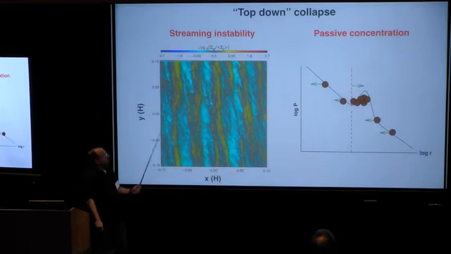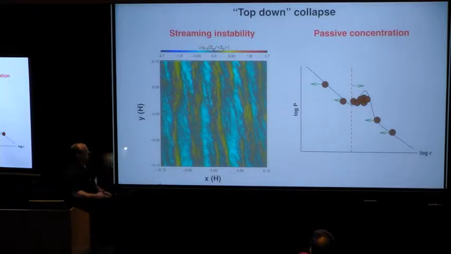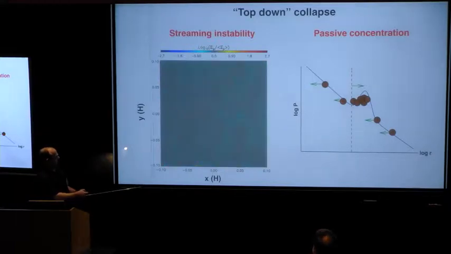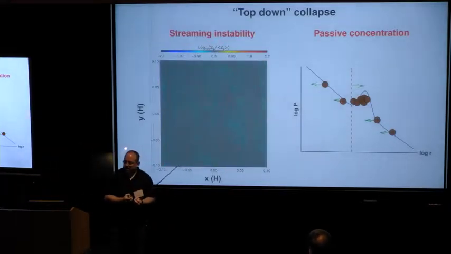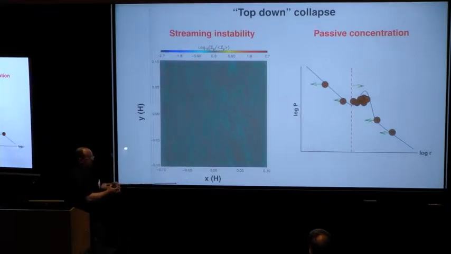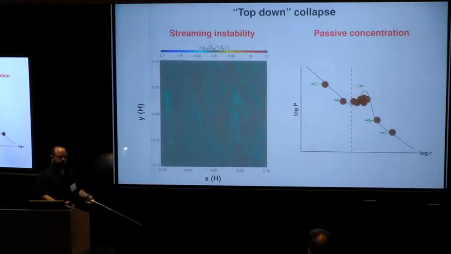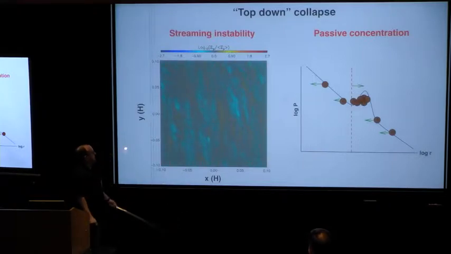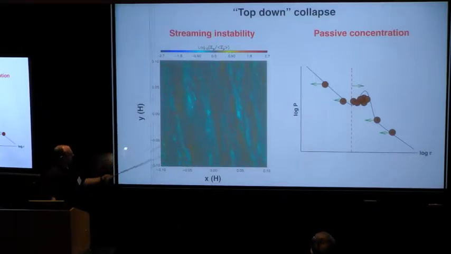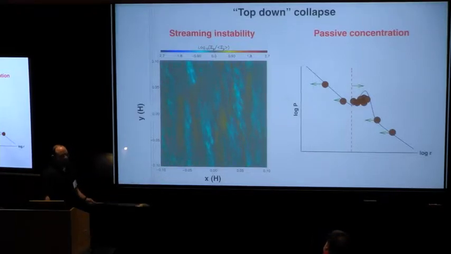But the other school of thought is top-down, that you somehow concentrate, let's see, if I press this, will it play? Good. If you somehow concentrate enough of these centimeter, millimeter sized pebbles into a small enough region, then the Roche density will be reached. Gravity wins over shear, and collapse ensues. And this is one of our favorite mechanisms for doing so, something called the streaming instability.